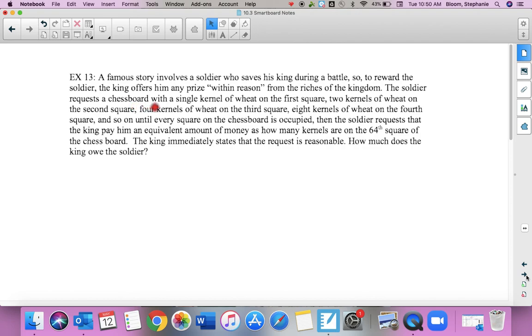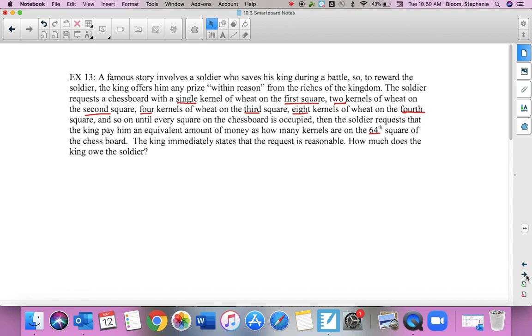The soldier requests a chessboard with a single kernel of wheat on the first square, 2 kernels of wheat on the second square, 4 kernels on the third square, 8 kernels on the fourth square, and so on, until every square on the chessboard is occupied. Then the soldier requests that the king pay him an equivalent amount of money as how many kernels are on the 64th square of the chessboard. The king immediately states that their request is reasonable. How much does the king owe the soldier?